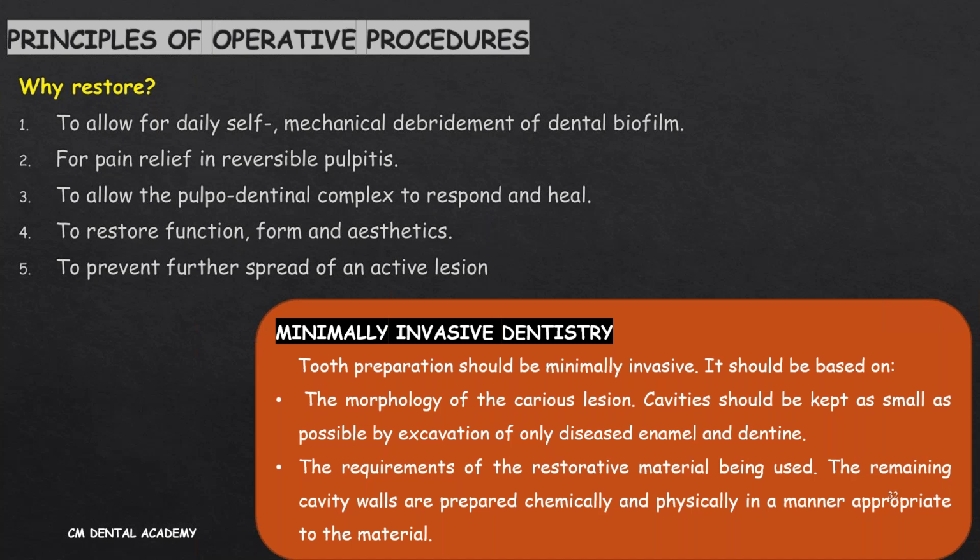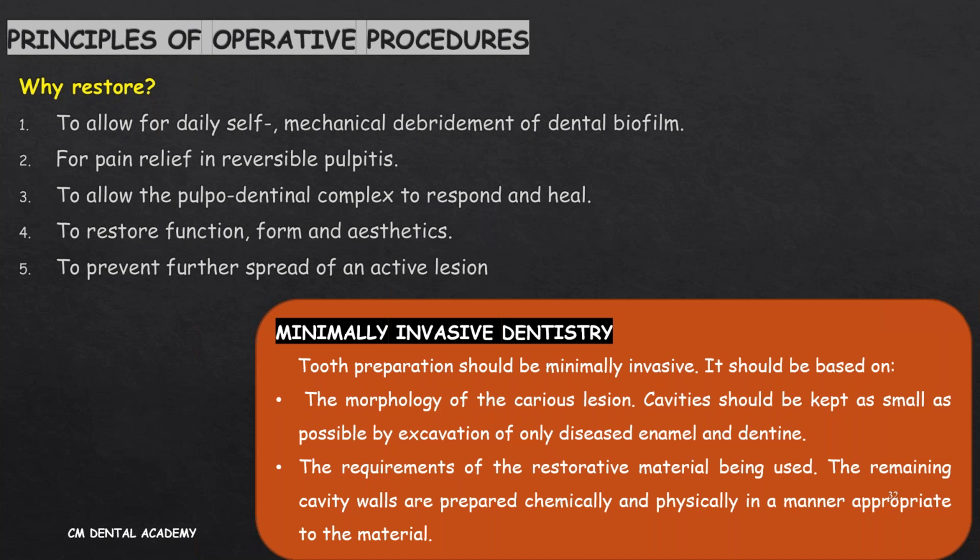So always minimally invasive dentistry plays an utmost important role in these procedures, because the morphology of the carious lesion cavity should be kept as small as possible by excavation of only diseased enamel and dentine, and by the requirements of the restorative material being used.